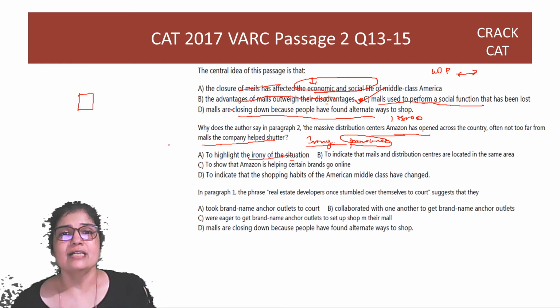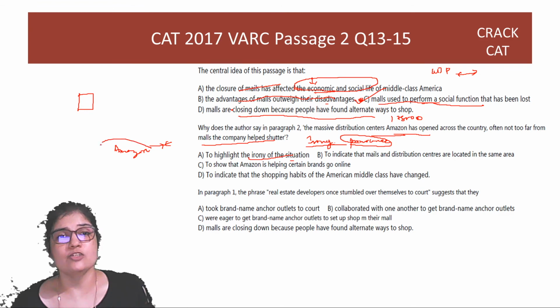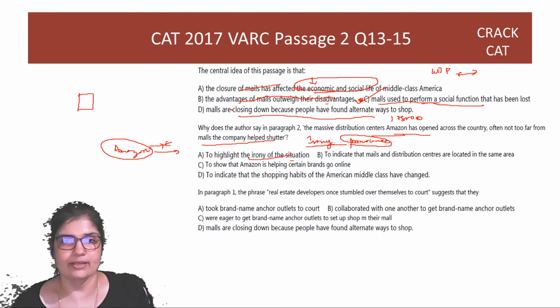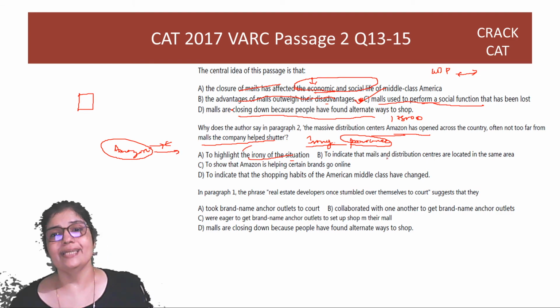So you have some sort of dichotomy, right? That is where irony comes from. So here also you're saying that okay, jobs were lost. Amazon gave some jobs, but this job that was given was close to it, so the loss people suffered has been compensated a little here. There is the irony.